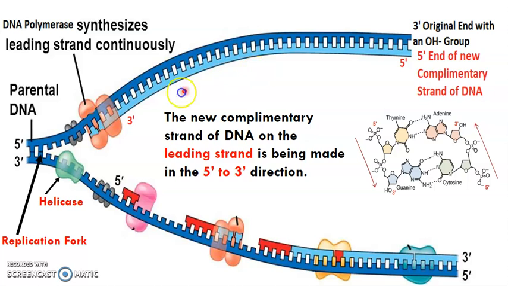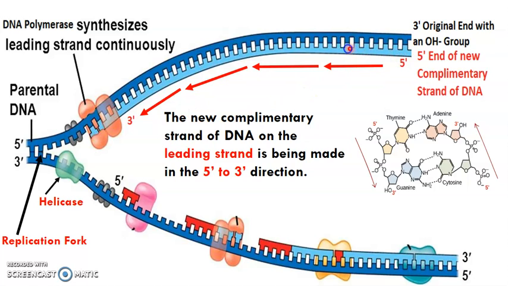That OH group allows, in this color over here, DNA polymerase to bind. And DNA polymerase, again, can only make DNA in the 5' to 3' direction here where my laser pointer is accentuating. So when DNA polymerase binds here, it starts to make the new strand of DNA, which is the lighter blue, in the 5', follow the arrows, to 3' direction right here.